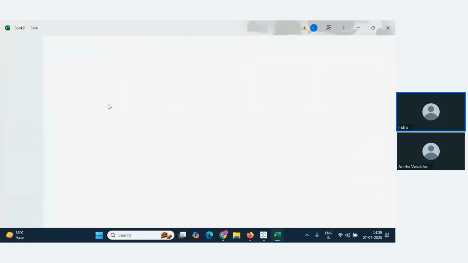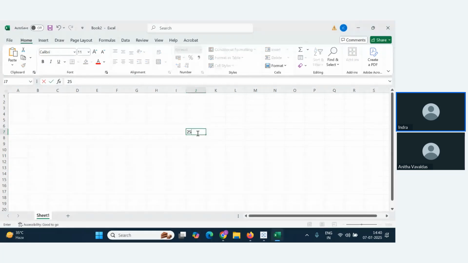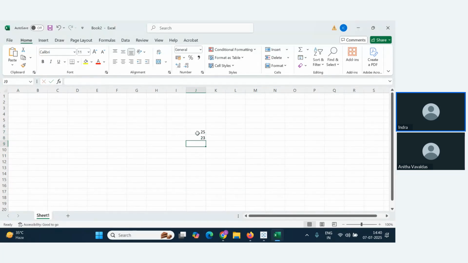Yes, let's say we have certain values. Let's say this is my list of values. Here we need to define one window, or you can say the slots.